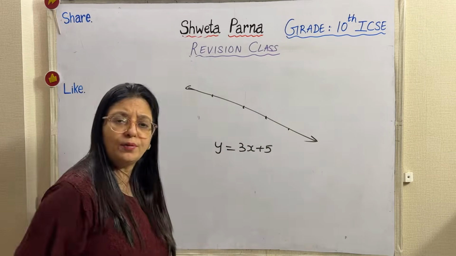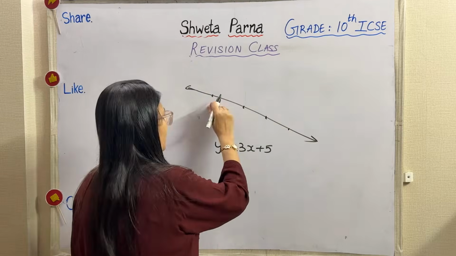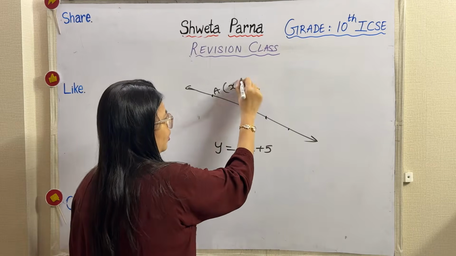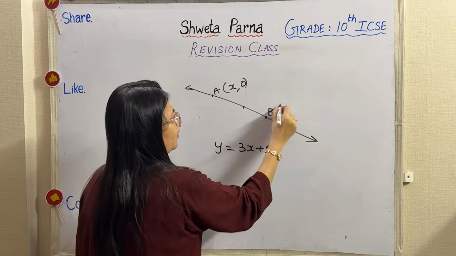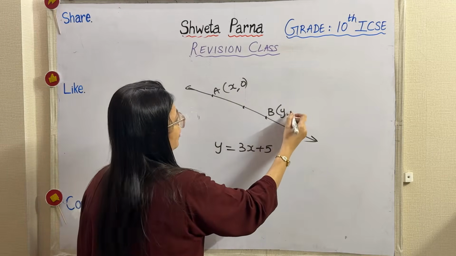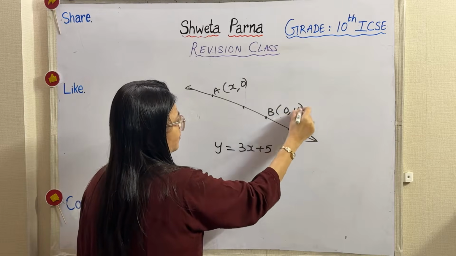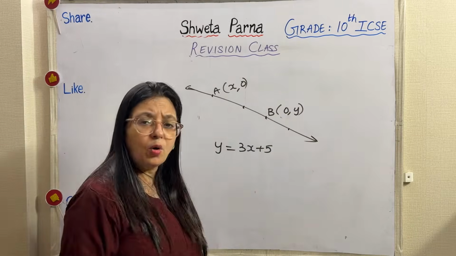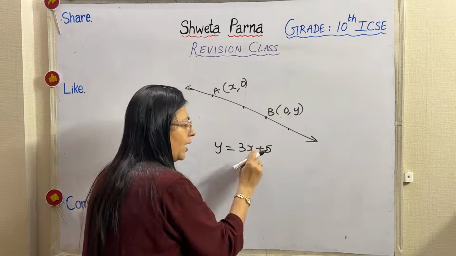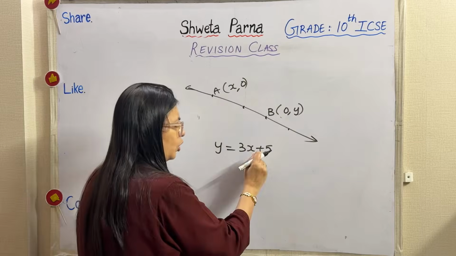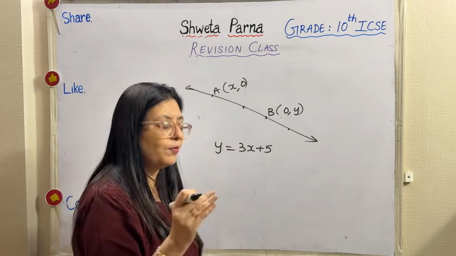This is the equation of this line. Okay. Now if the point is say A, x comma 0 and B, which is 0 comma y. If they ask you to find the coordinate, so both these points will lie on this line only, they are lying on the same line. So you will just substitute it and find the value of the coordinate.